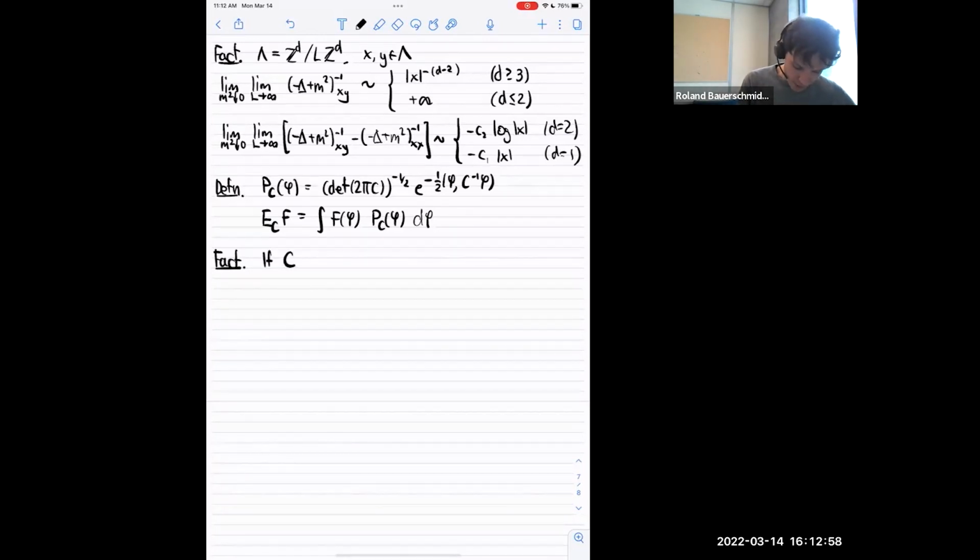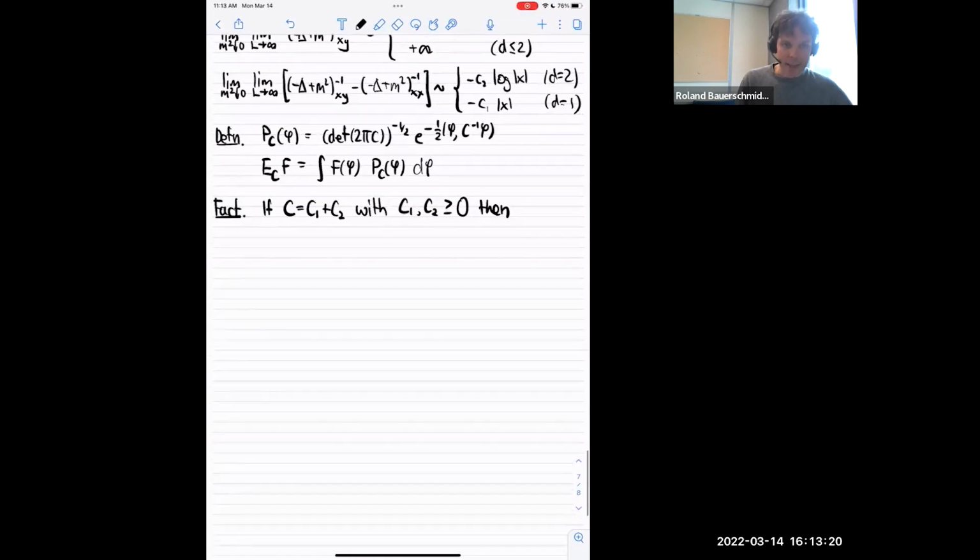So if C is the sum C1 plus C2, where C1 and C2 are positive definite, bigger than 0, then P_C is the convolution of P_C1 and P_C2.